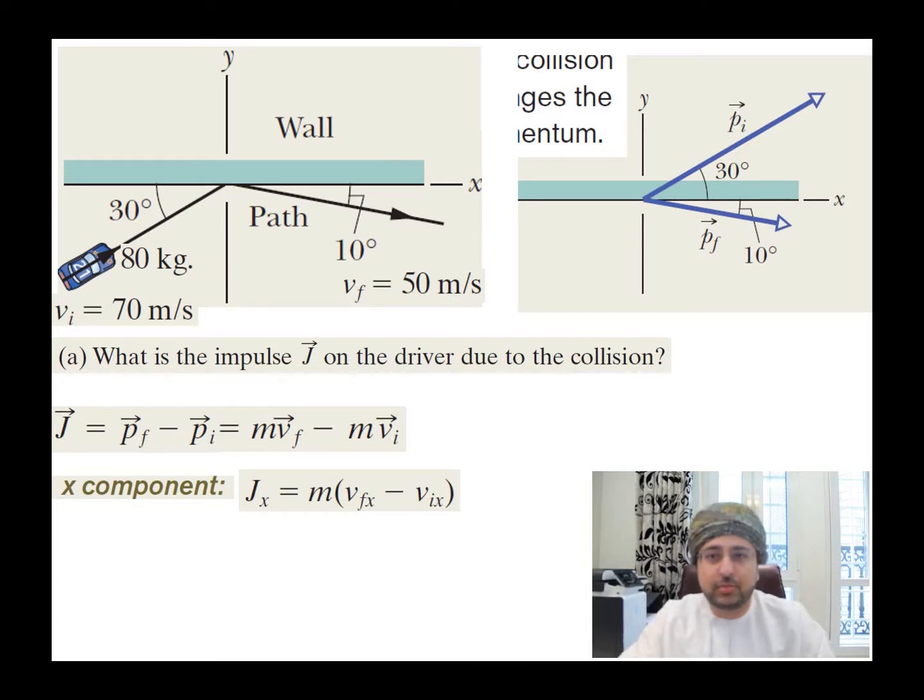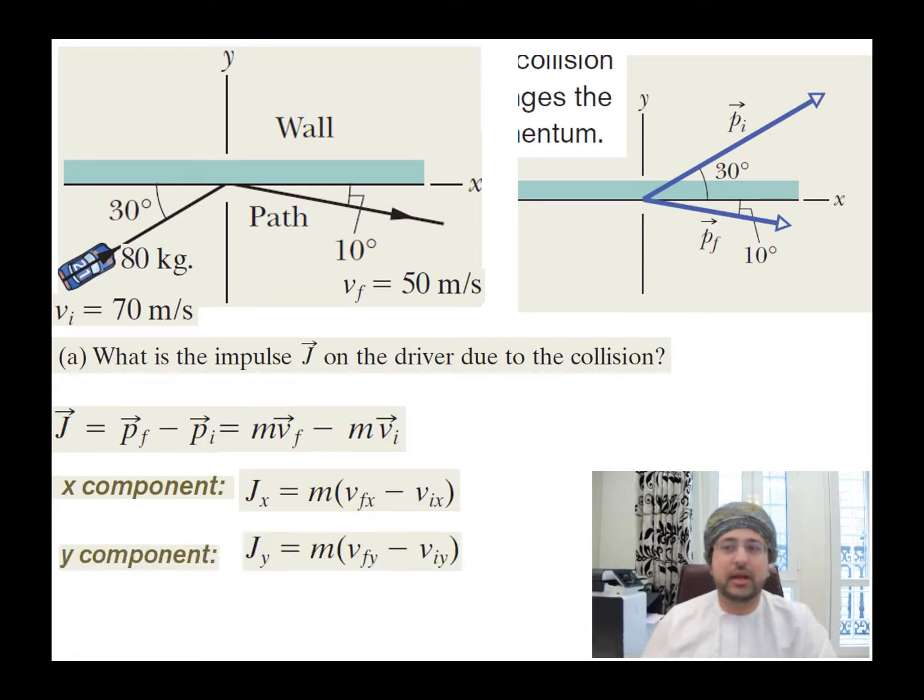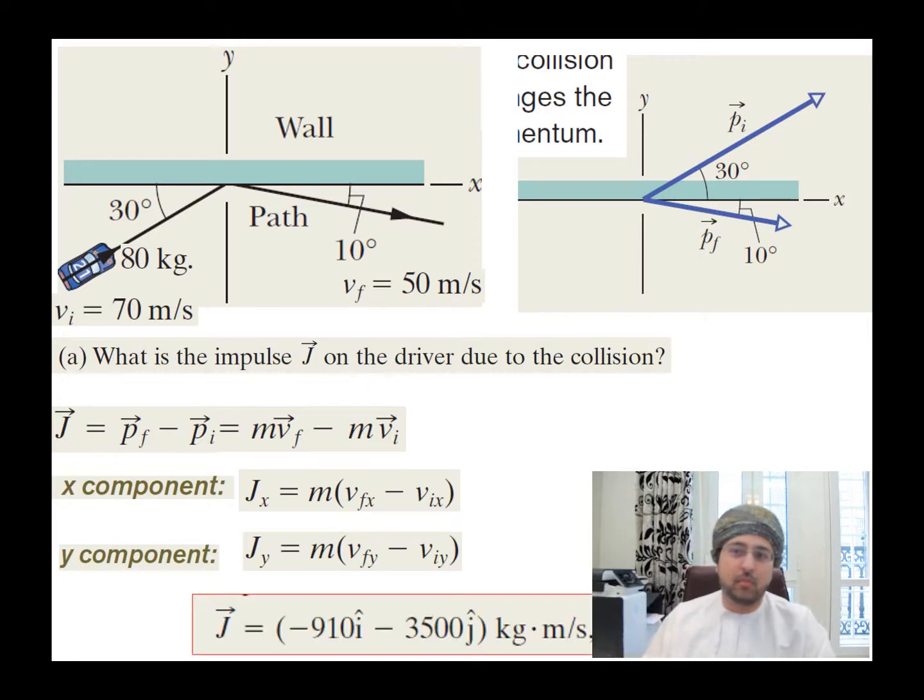This will be our x component, and we will have our y component. We will separate them into y and x components, just like we do for velocity, just like we do for acceleration. It's the same thing. And we will end up with J being minus 910 i minus 3500 j, kilograms meters per second.